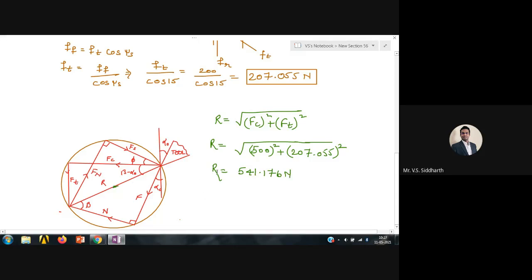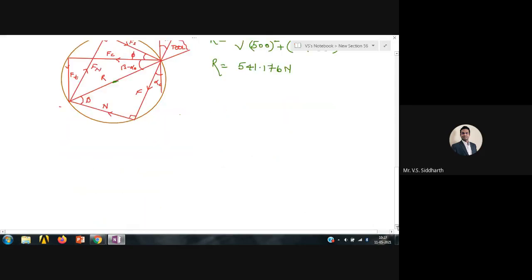Okay. Next. Can you tell me how can I calculate phi? Phi is the shear angle. You know the formula of phi as tan inverse of R cos alpha naught by 1 minus R sin alpha naught. This you know, right? This formula you have already derived.